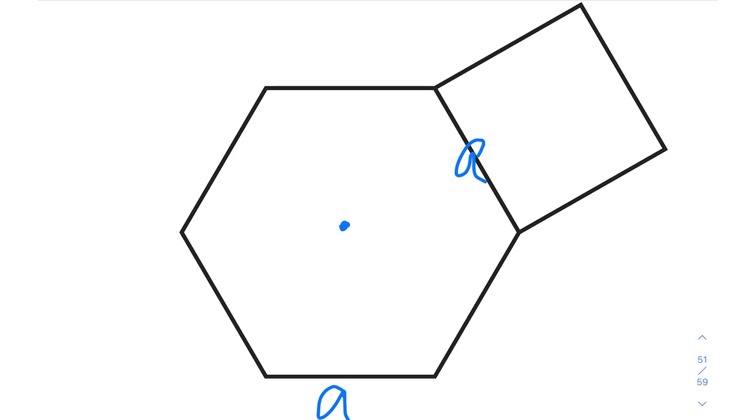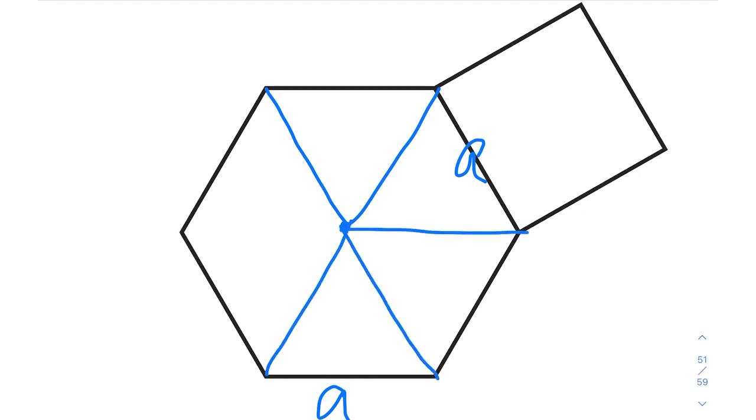Any polygon that you see, you can break up into a certain number of triangles. If you put a point in the center and you draw lines from each of the corners, so each vertex to the center, you can break it up into triangles and see how many there are.